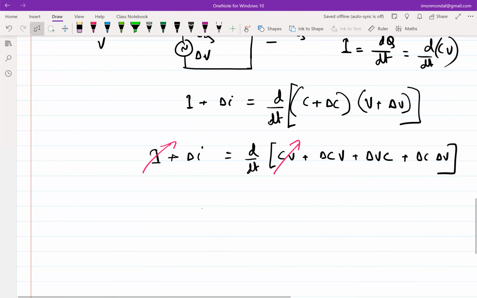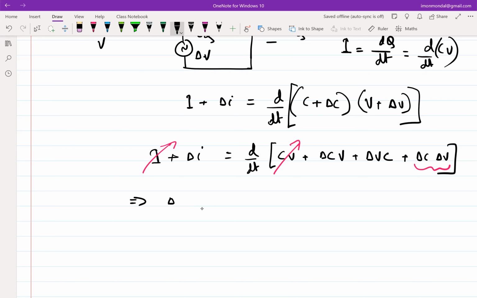Now can you comment on the magnitude of this term with respect to the other two? Yeah, so this is the higher order term, two increments multiplied to each other. So in a small signal approximation, I can neglect that, assuming that it is negligible compared to the other terms that are available.